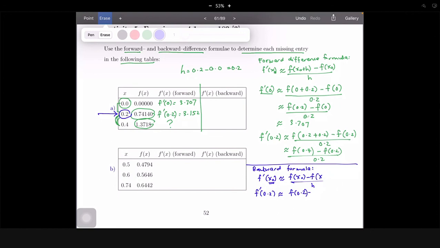Should be negative there. So h kita adalah 0.2. 0.2 tolak 0.2, 0 kat situ. Okay, sorry. So bahagi dengan 0.2. So dia menggunakan dua value ni untuk f prime 0.2. Okay, cuba try. Kita akan dapat the same value adalah 3.152.